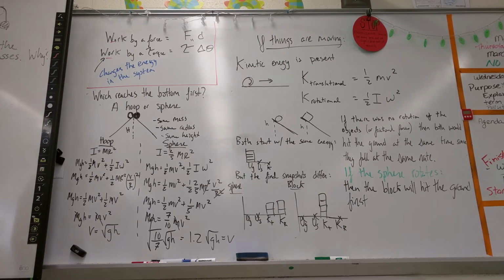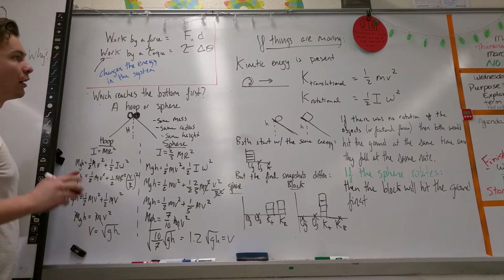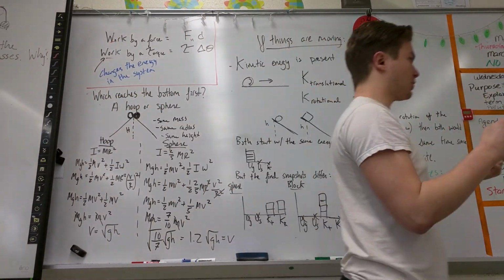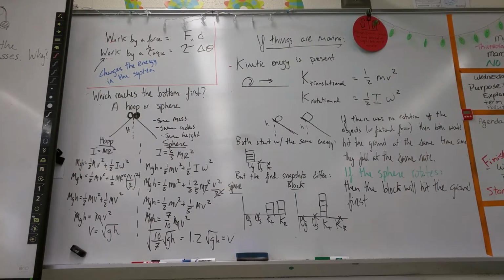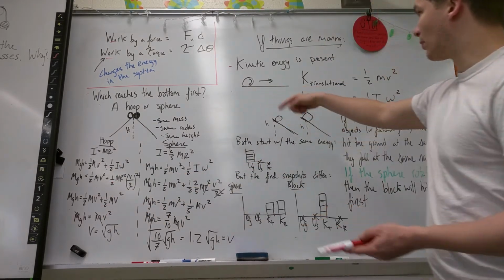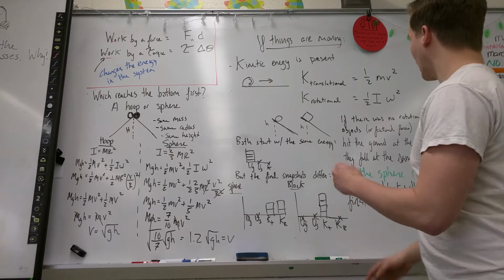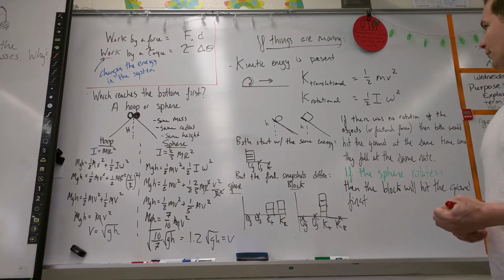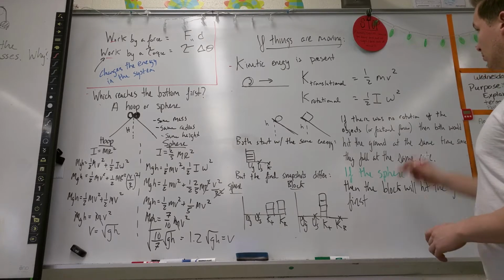So if things are moving, we know that kinetic energy is present, but we also know that there's kinetic energy associated with rotation. So if I take a marble and I let it go, I know that this marble is probably going to be spinning something like that. So it would have two types of kinetic energy.